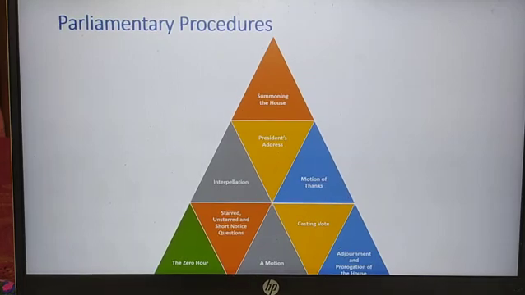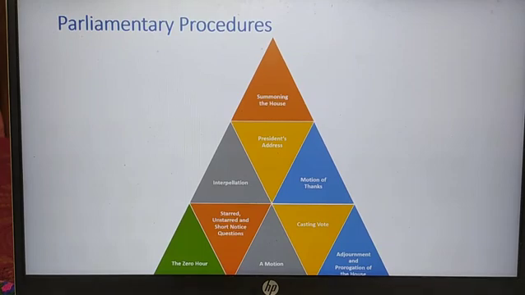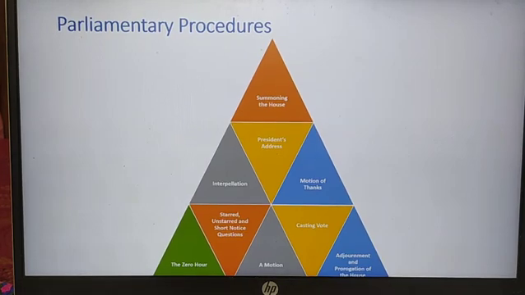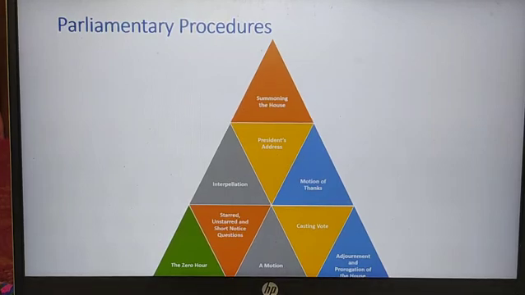This suspends the sitting of that particular house. Prorogation ends the session. Suppose a budget session starts, and once everything is done with that session, all the discussion, debate and passing of the bill, then that particular session ends.